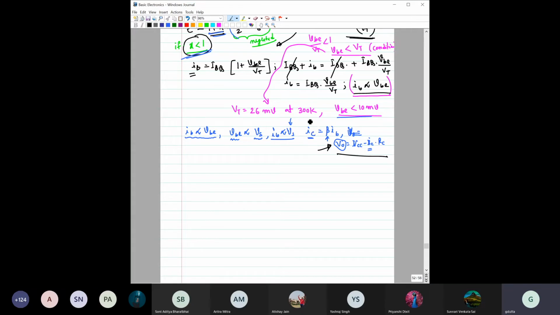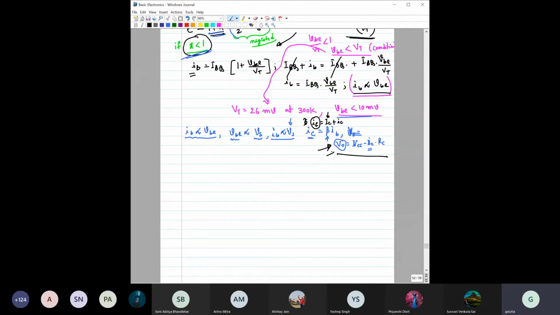But you can say, what is this IC? Total capital IC, the instantaneous current, will be capital IC plus small ic, right? So if capital IC is constant, then this instantaneous total IC would also be proportional to it, isn't it?